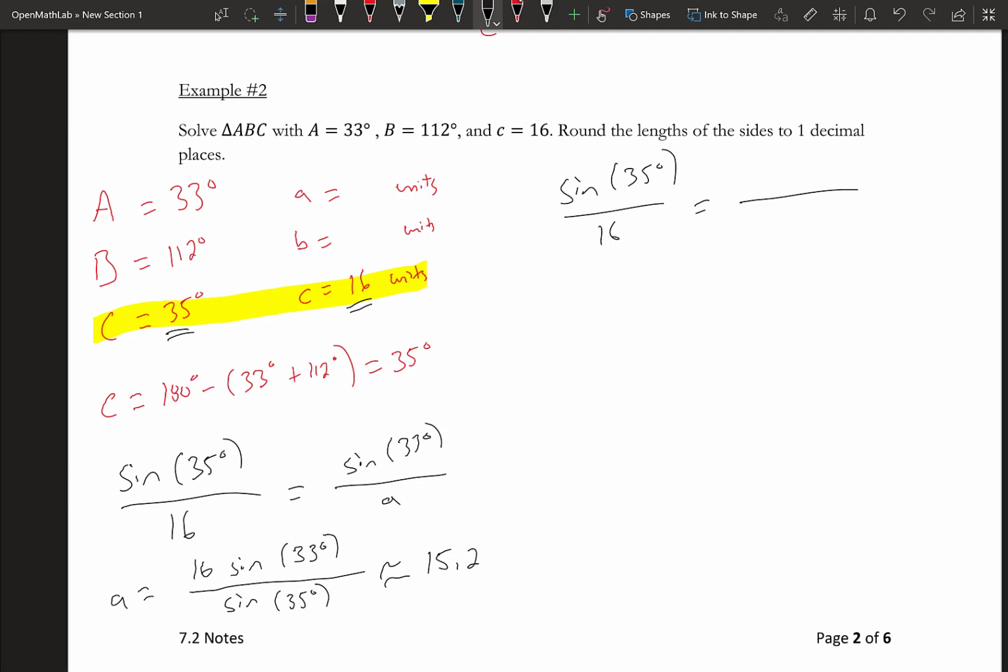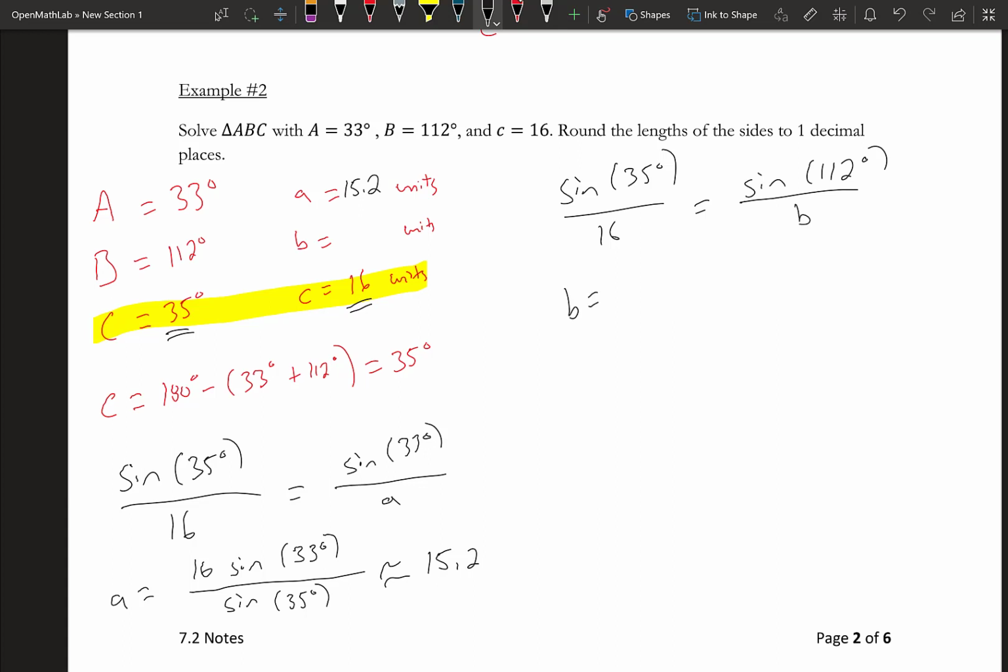And when you're doing this, don't forget that your mode should be in degrees, right, because we're working in degrees here. So this is just 15.2 units, and then to find B, we would put sine of 112, sine of B here, and then little b.